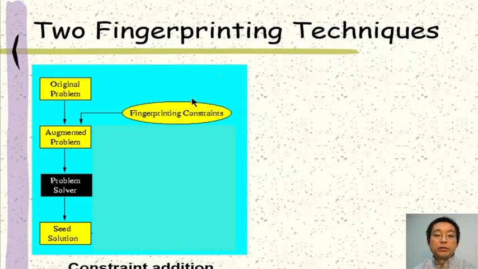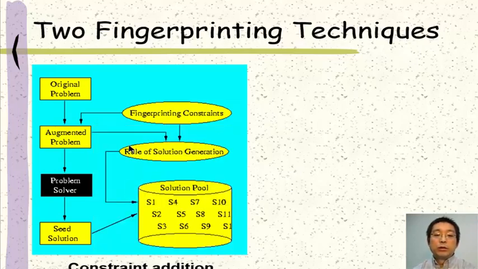In addition, it also meets the fingerprinted constraints. We can design these fingerprinted constraints in a way such that we can generate multiple solutions from this seed solution. This is what we call the set of rules for solution generation, which is based on the fingerprinted constraints and also the problem. And from one solution, this set of rules will create multiple solutions for us.